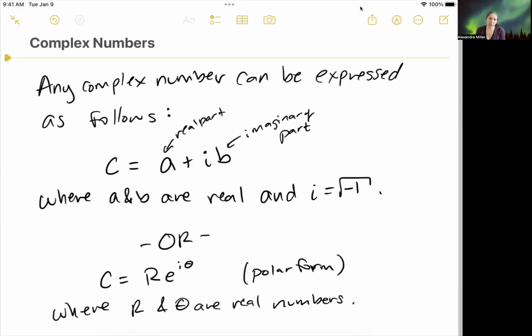So you see, in either case, complex numbers are helpful because they carry two pieces of information. When you have one complex number, there are always two pieces of information contained in it because you have that real part, A, and then that imaginary part, B. So there's two numbers associated with your complex number. When we write it in polar form, we're just expressing those two numbers in a different way, where we have r and theta being our two numbers which make up all of the information of our complex number.